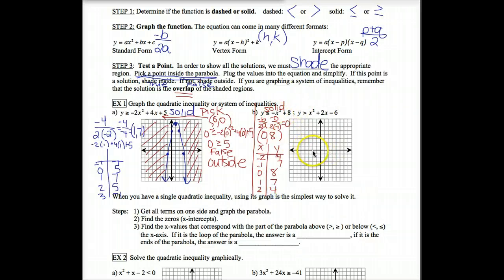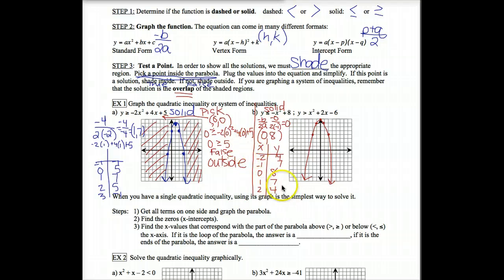So we'll graph those. -2, positive 4 would be right here. And then we've got -1, 7 right up here. 0, 8 way up at the top. And then 1, 7, and 2, 4. This is a solid parabola, so we will go ahead and connect it.